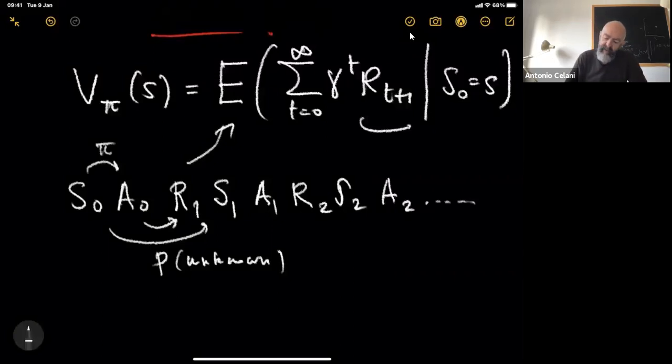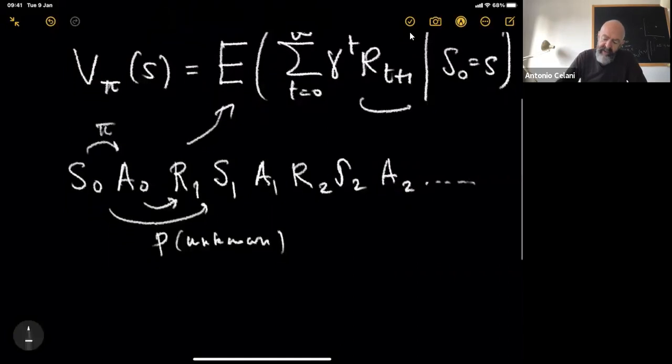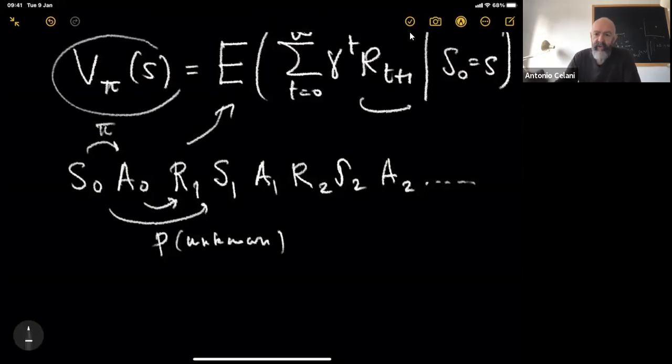And what we have been showing in some detail is that it's possible to obtain an algorithm which, just based on the sequential reads of this stream of observations, is able to construct approximations of the vector v pi that converge with probability 1 to the true value for a given policy.